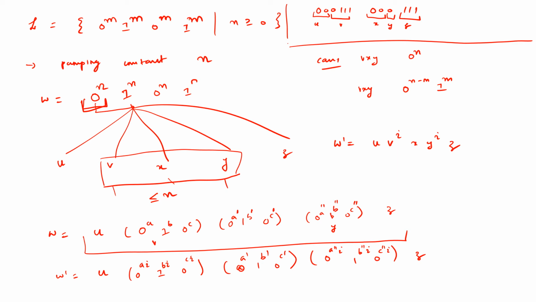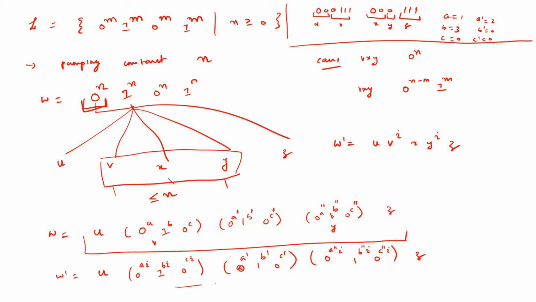With this partition scheme, a will be equal to 1, b will be equal to 3, and c will be equal to 0. a prime will be equal to 2, b prime equal to 0, c prime equal to 0, and similarly for the rest.